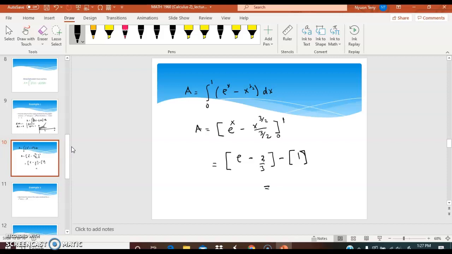So that is equal to e minus 5/3. So that's the final answer.